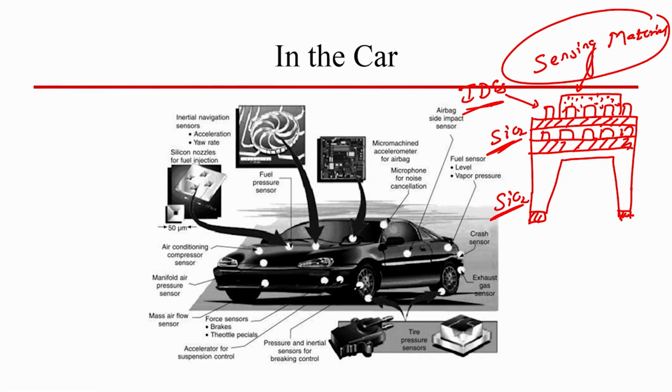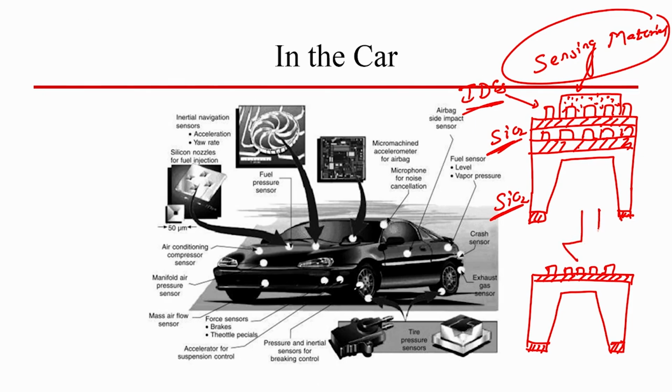You can design a pressure sensor too, with similar kinds of work. You have a strain gauge, or a pressure sensor, with an oxide layer, and you have contact pads, and then you apply a force here.